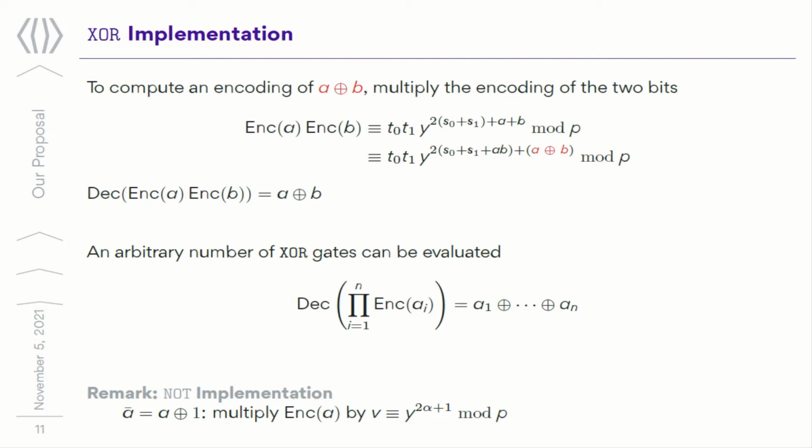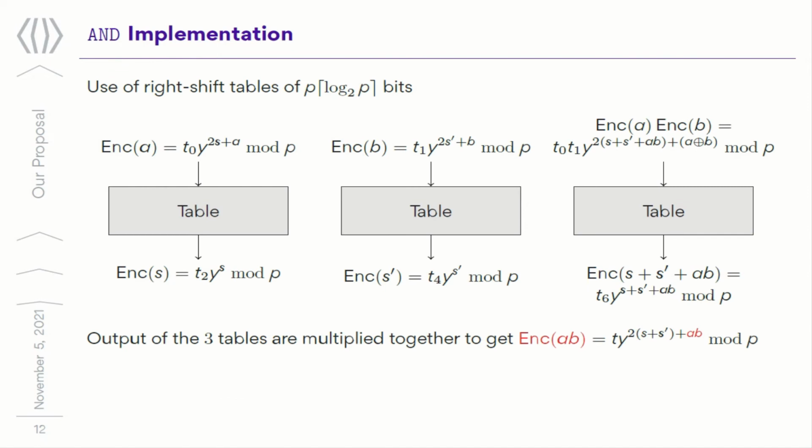For the AND, it's a bit tricky. And then we need tables, and we need right shift tables. Indeed, we will right shift the encoding of A, the encoding of B, and the encoding of A times the encoding of B. Indeed, we can see the result.